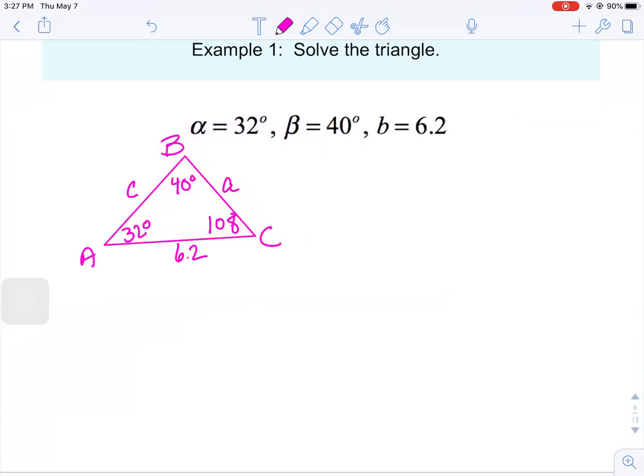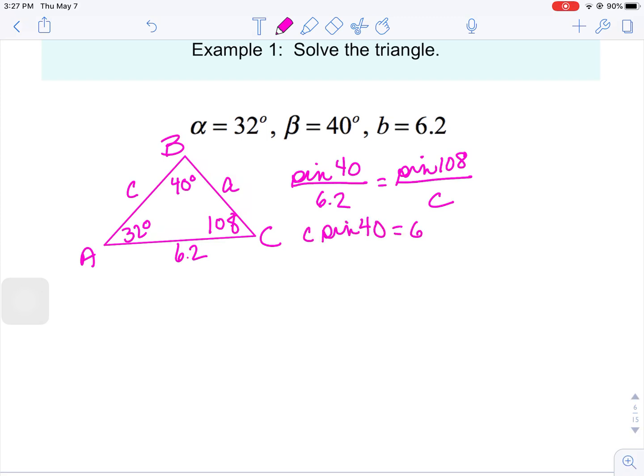So now that I have that, we'll use the law of sines. Sine of 40, that's angle B, over 6.2, that's side B, is equal to sine of 108 over C. Now, I'd like to solve for C, so I'm going to cross multiply. C sine of 40 equals 6.2 sine of 108. And now we'll divide both sides by sine of 40.